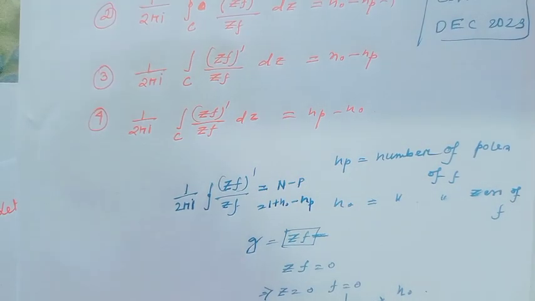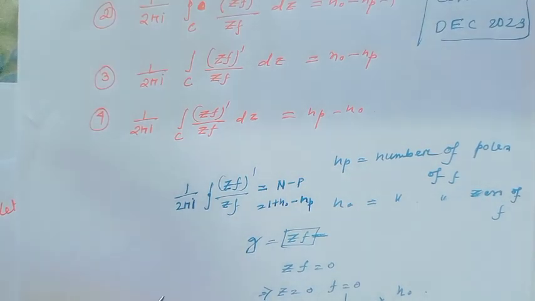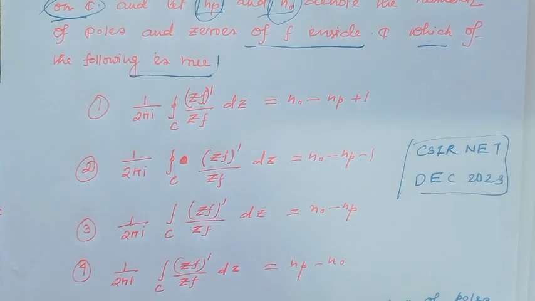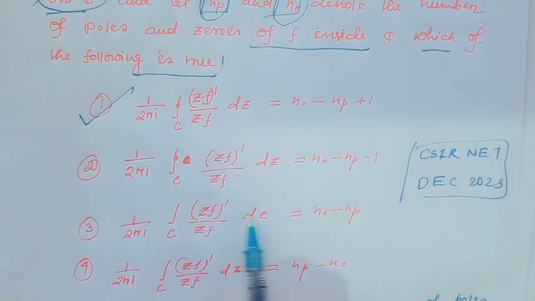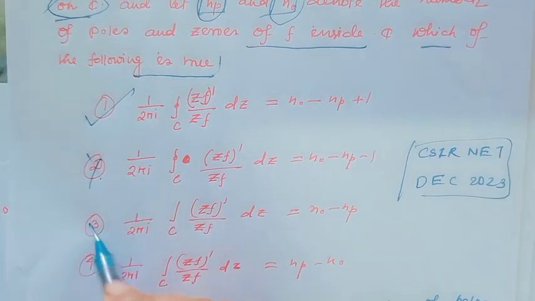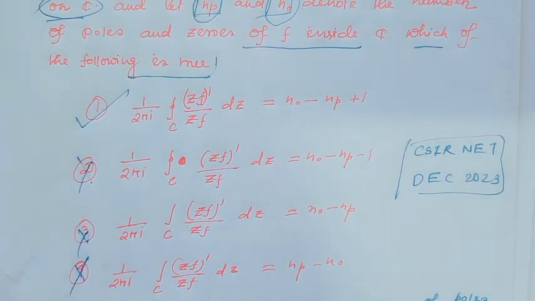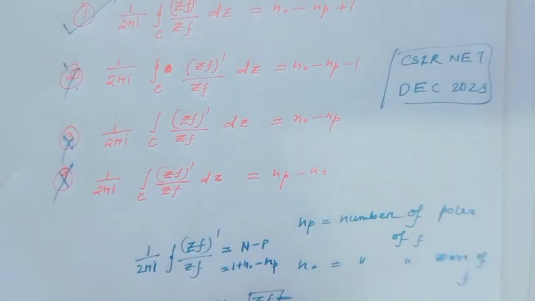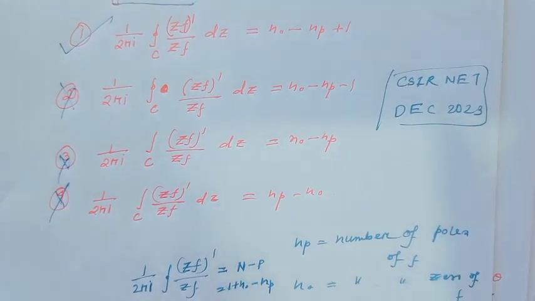So the correct option is 1 plus N naught minus Np. That means option 1 is the correct option, and options 2, 3 and 4 are wrong. I hope all my viewers have understood this question easily. This is actually just a statement.